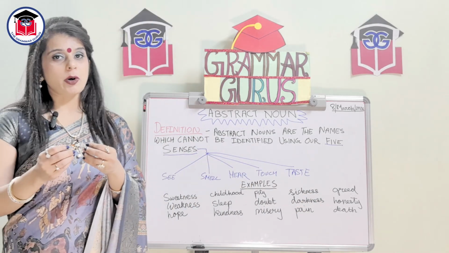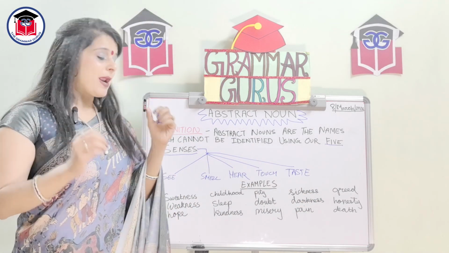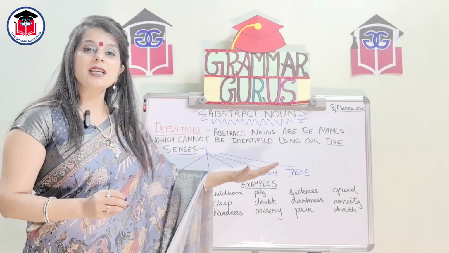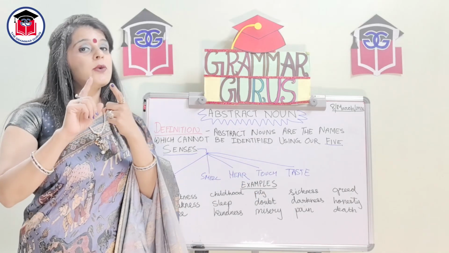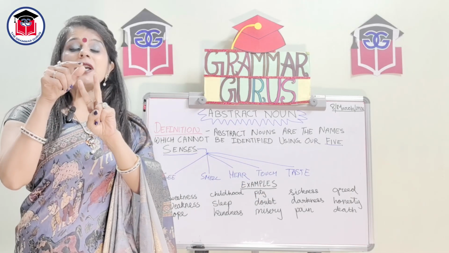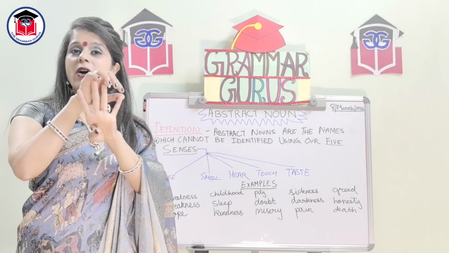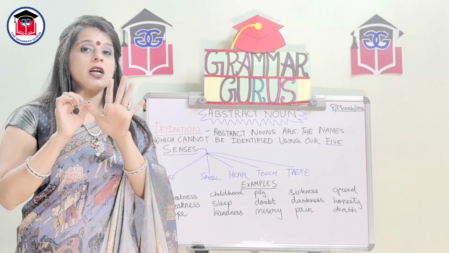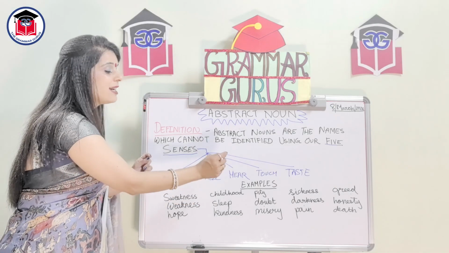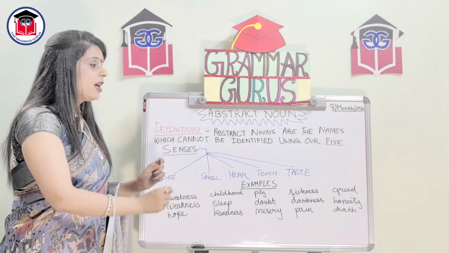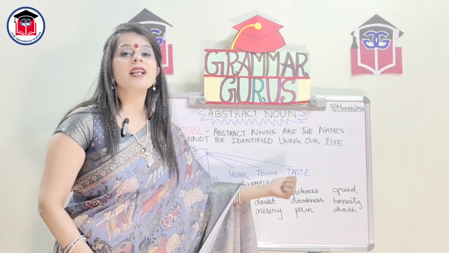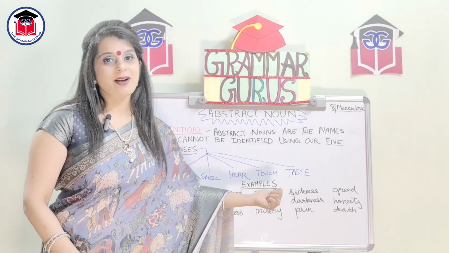These are some of the words, and if you apply the same rule, then you will see in each of these words, we cannot see them, we cannot smell them, we cannot hear them, we cannot taste them, we cannot touch them. We can only feel them, right? Hence, each of these are examples of abstract nouns.